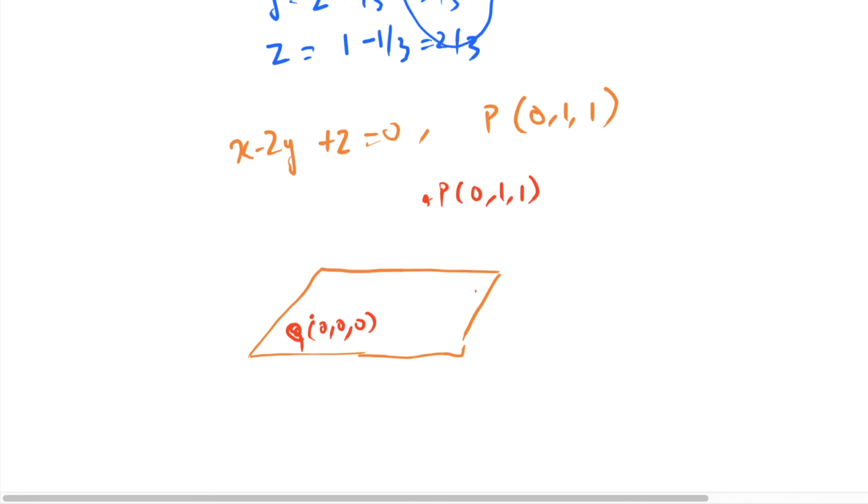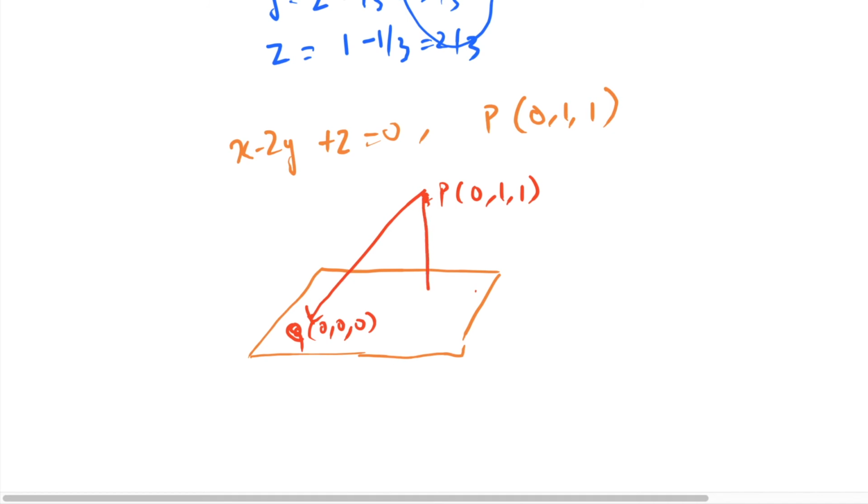Then the required distance that we are looking for, that is the distance of point P from the plane, is nothing but the projection of vector PQ onto the normal to the plane.